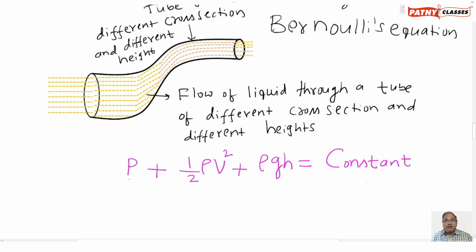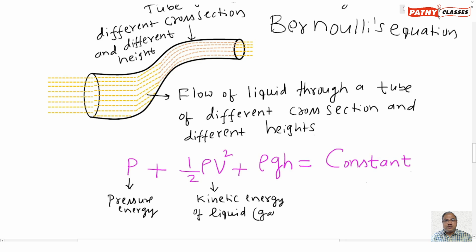According to Bernoulli's equation, the addition of pressure energy during liquid flow and kinetic energy of liquid flow, of liquid or fluid, it is valid for both liquid and gases. So we use fluids. Liquid and gases are called fluids.